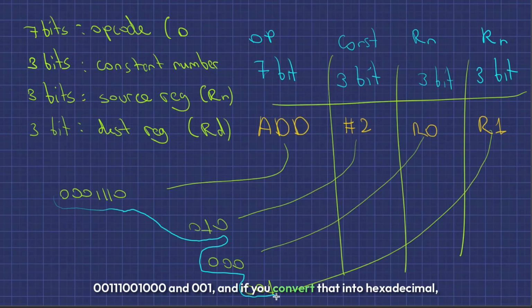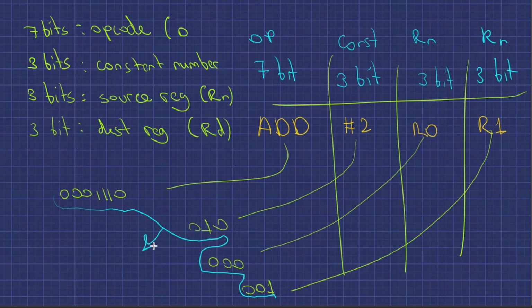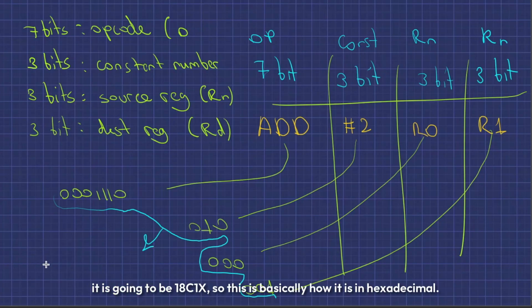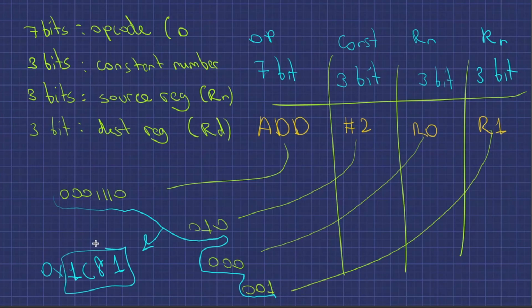If we convert that into hexadecimal, it is going to be 18C1. So this is basically how it is in hexadecimal.